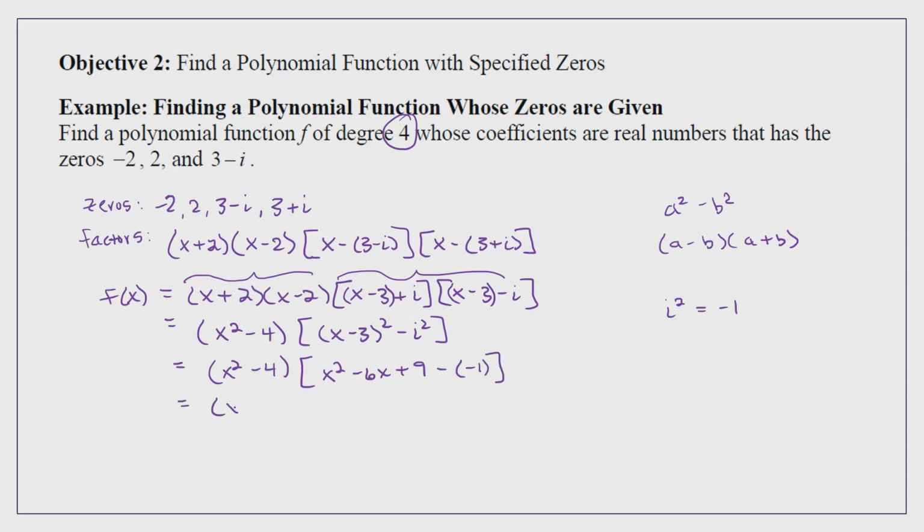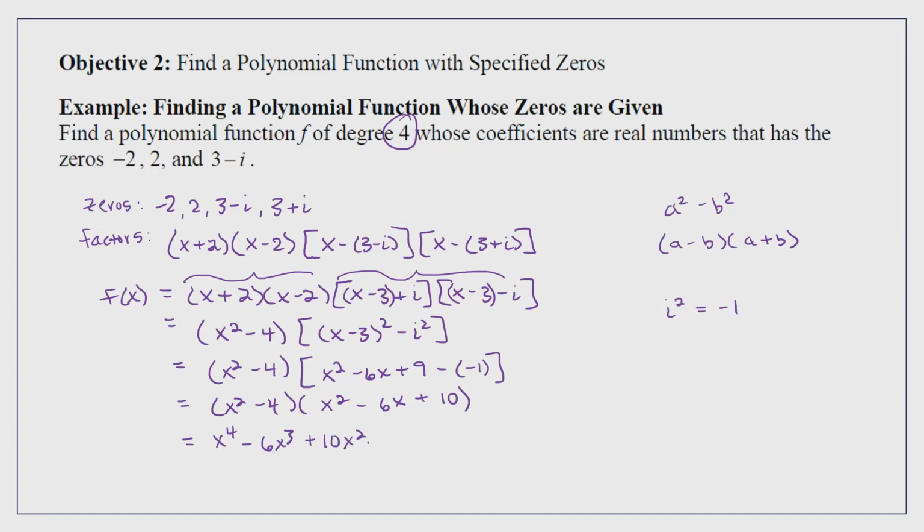So simplifying, we get x squared minus 4 times x squared minus 6x plus 10. Now we want to multiply this all the way through, so we'll have x squared times x squared, which is x to the 4th, and then negative 6x cubed, then a positive 10x squared.